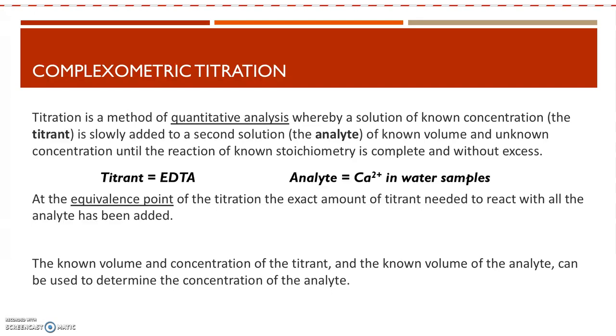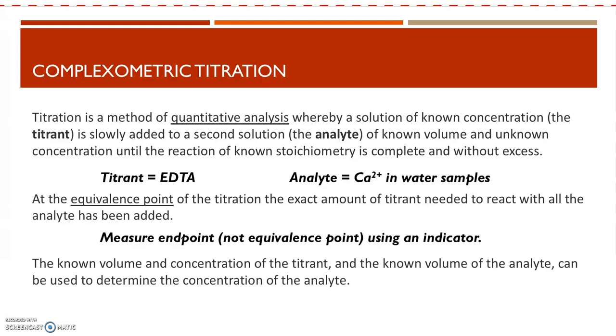At the equivalence point of the titration, the exact amount of EDTA needed to react with all the calcium has been added. And our indicator, we're going to measure the end point, not the equivalence point, using an indicator. Then we use the stoichiometry and do some unit conversions in order to determine, based on how much EDTA was used, how much calcium is present.